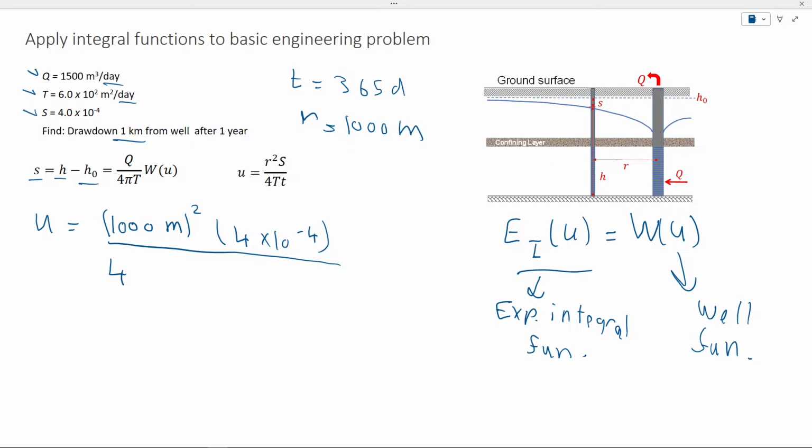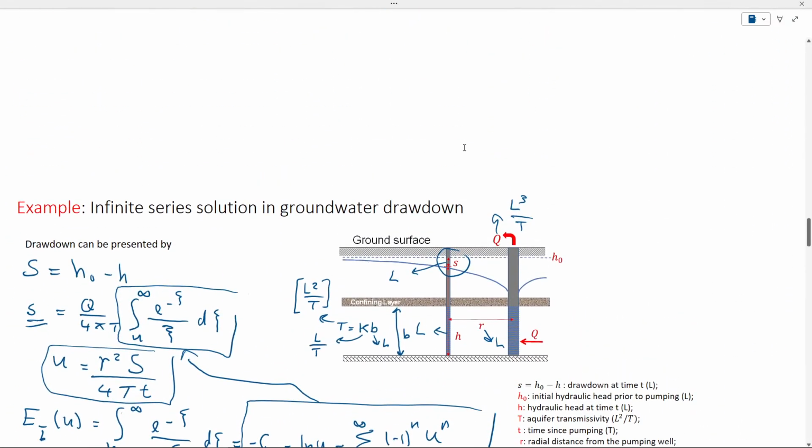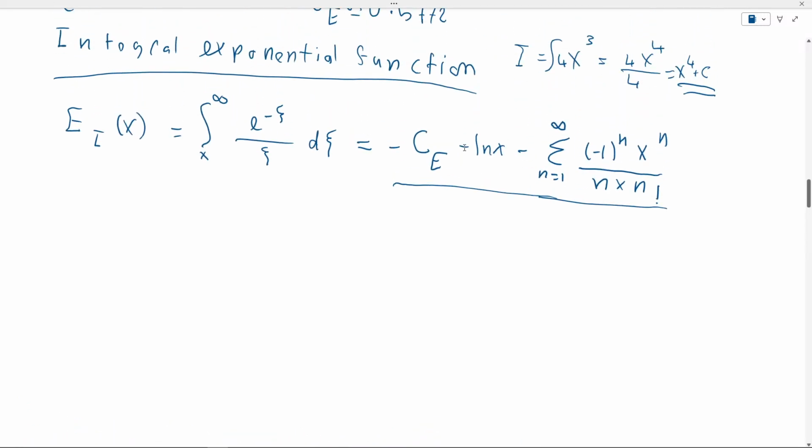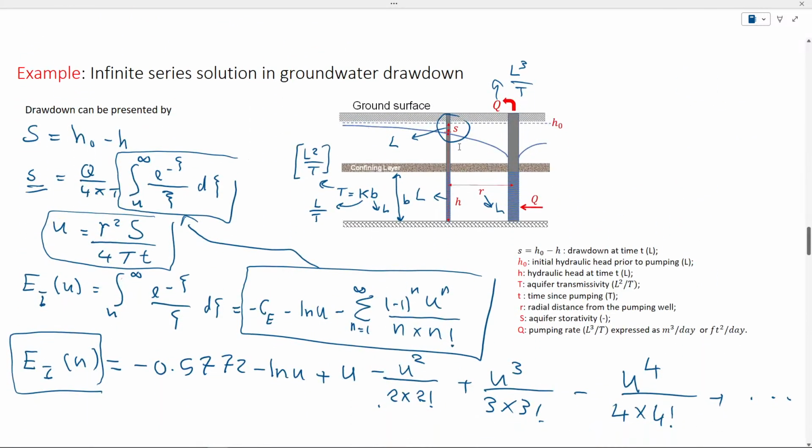I think this is a mistake here. This is not pi, this is 4. Did I have this mistake previously also? I didn't show this equation. Oh, I'm sure this is the equation.